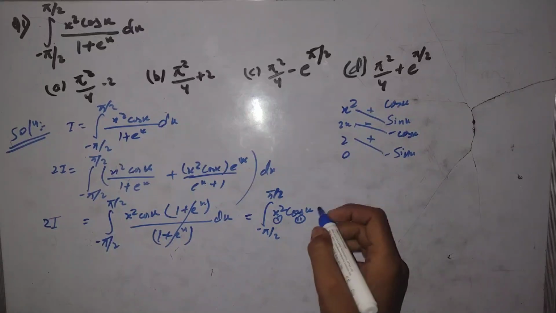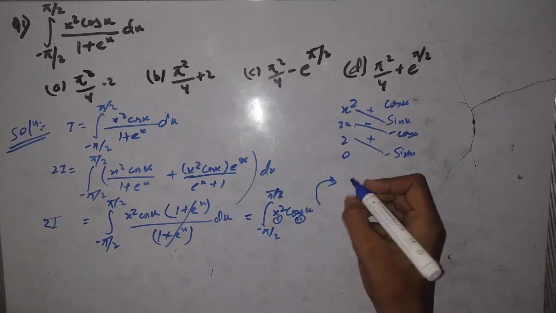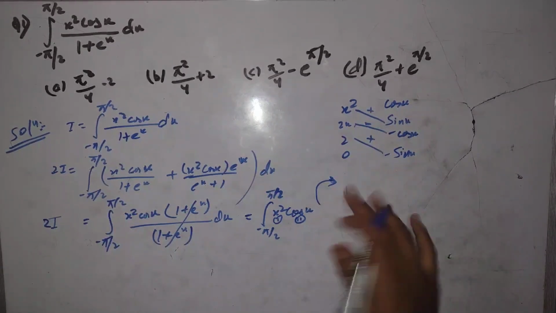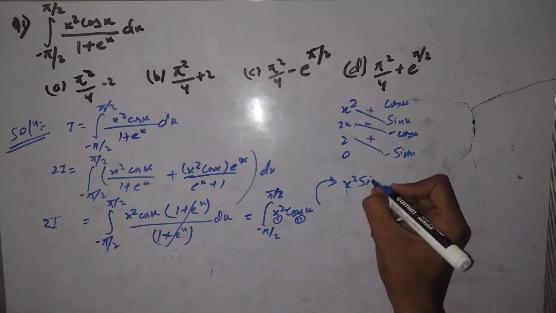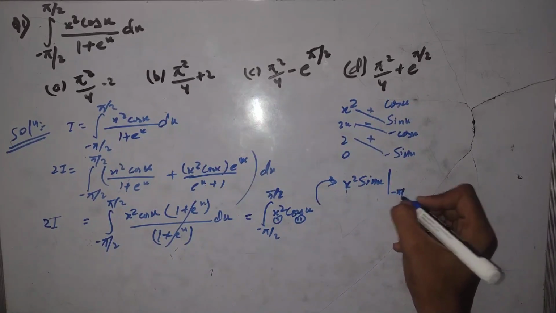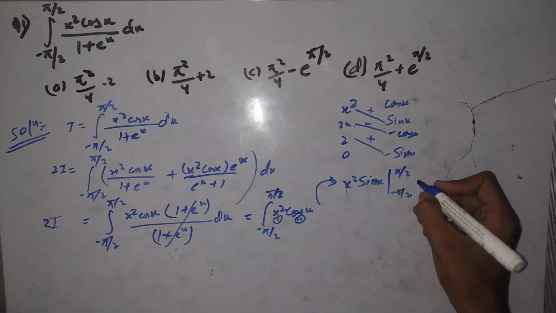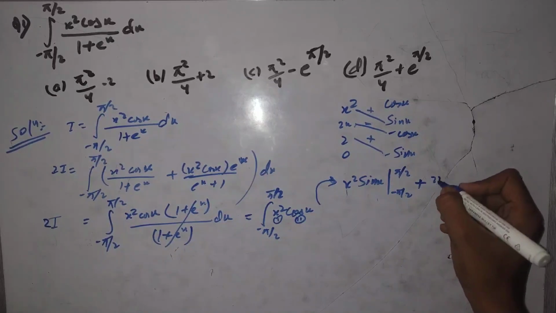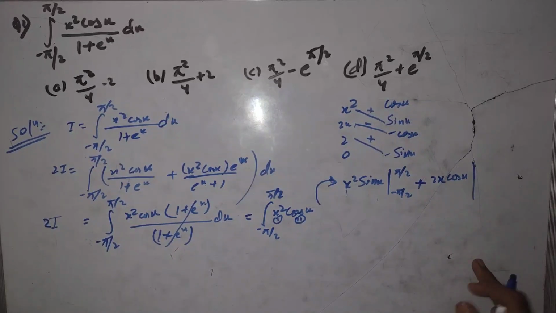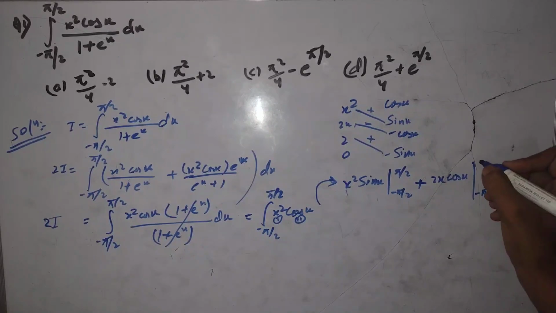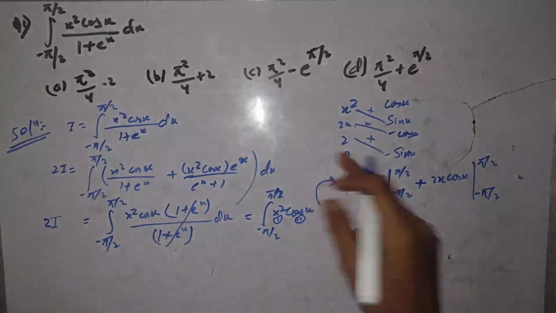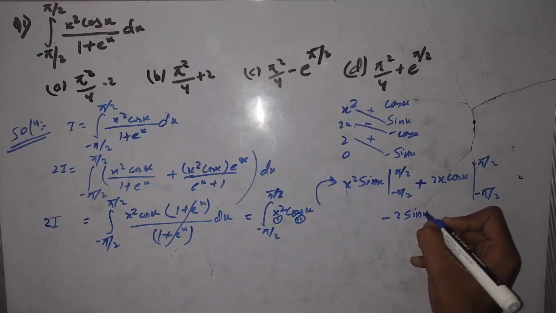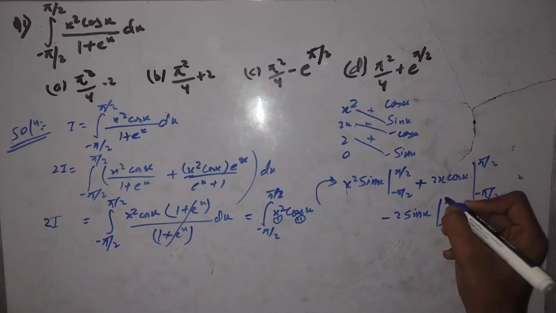So the integration of this, we can write as x square sin x, limit minus pi by 2 to pi by 2. This minus minus becomes plus, so this is 2x cos x, again limit minus pi by 2 to pi by 2, plus, and this plus minus becomes minus, so this is minus 2 sin x, from minus pi by 2 to pi by 2.